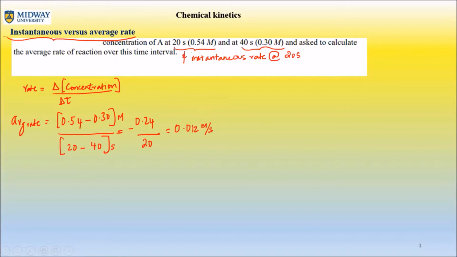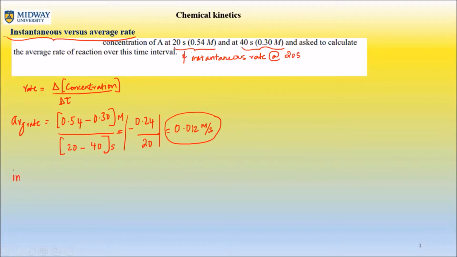Keep in mind, rate is always molar over second. Okay, so this is the rate, and rate is usually not negative, so you can assume this to be the absolute value of it. Rate cannot be negative. Anyways, that's average rate.